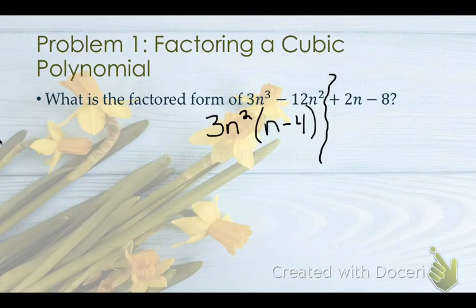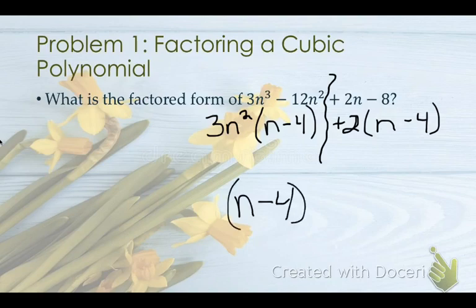On my second one, I can factor out a positive 2 and be left with n minus 4. So I've got my n minus 4 as my common binomial, and then my other binomial would be my two factors, 3n squared plus 2. And here I now have my polynomial factored.